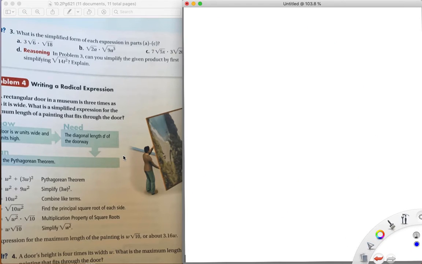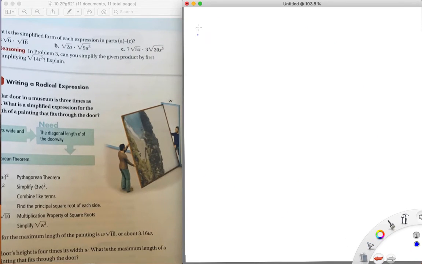Part C, I have 7 times the square root of 5x times 3 times the square root of 20x to the 5th. Okay, so the same thing here.